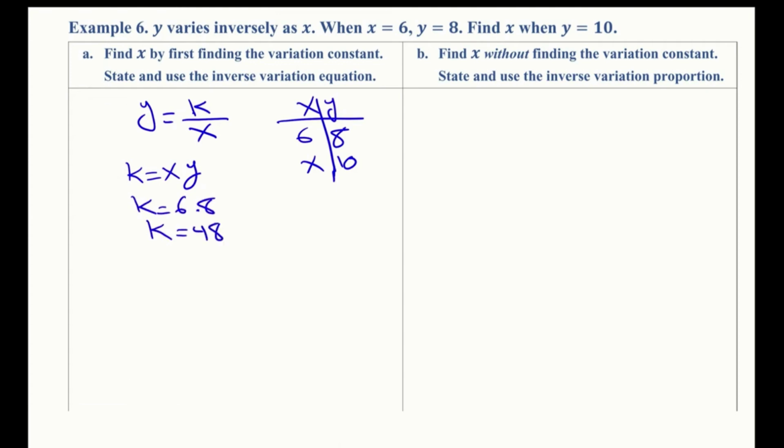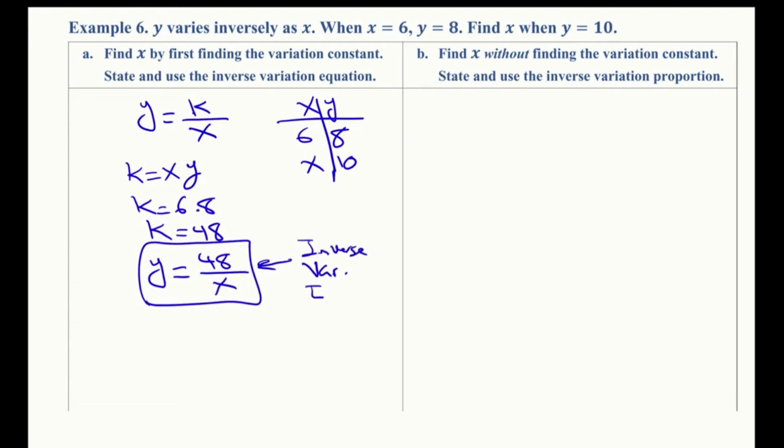So now I can write the inverse variation equation, which is going to be y equals, instead of k, I can now put 48. Okay, so there is the inverse variation equation. So now that I know this relationship between x and y, I can easily find out what x is when y is 10.